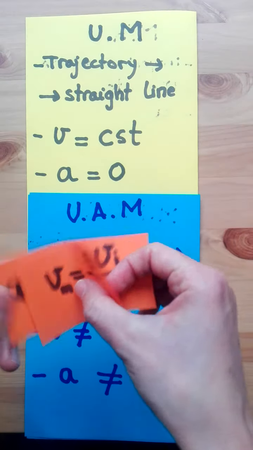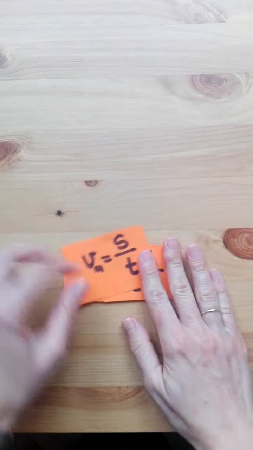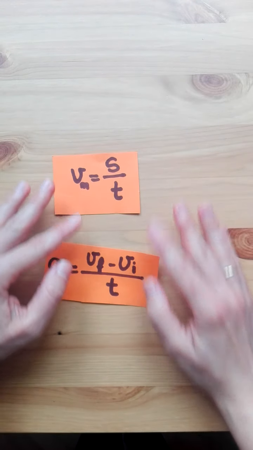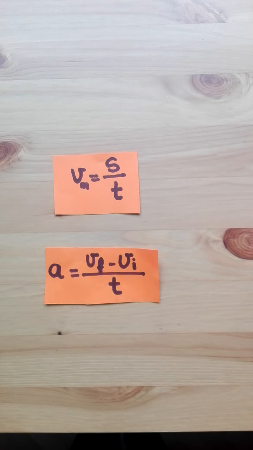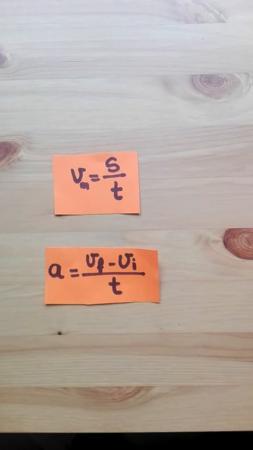Okay, so here we have the two equations we are going to use in all the problems of motion. The mean speed can be used whether in the uniform motion or in the uniformly accelerated motion, okay?